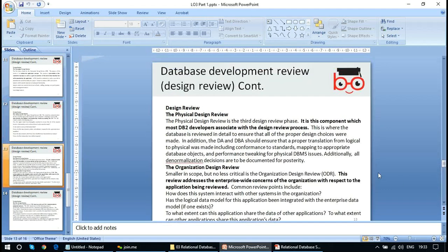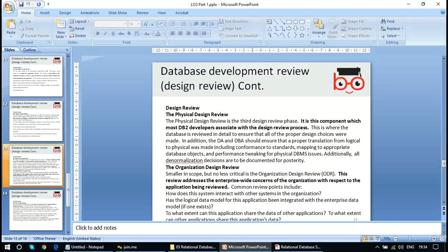The physical review is basically the next variant of the design review, as well as related to creating the database, like coding directly. But they still look at the design review as well.